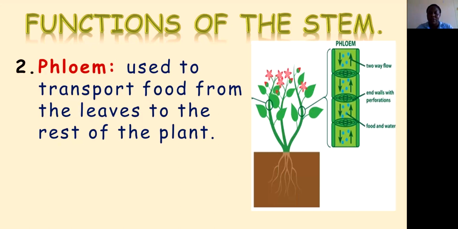Xylem is to transport water and minerals, and phloem is to transport food from the leaves to the rest of a plant. And you know that plants make their own food in the leaves.